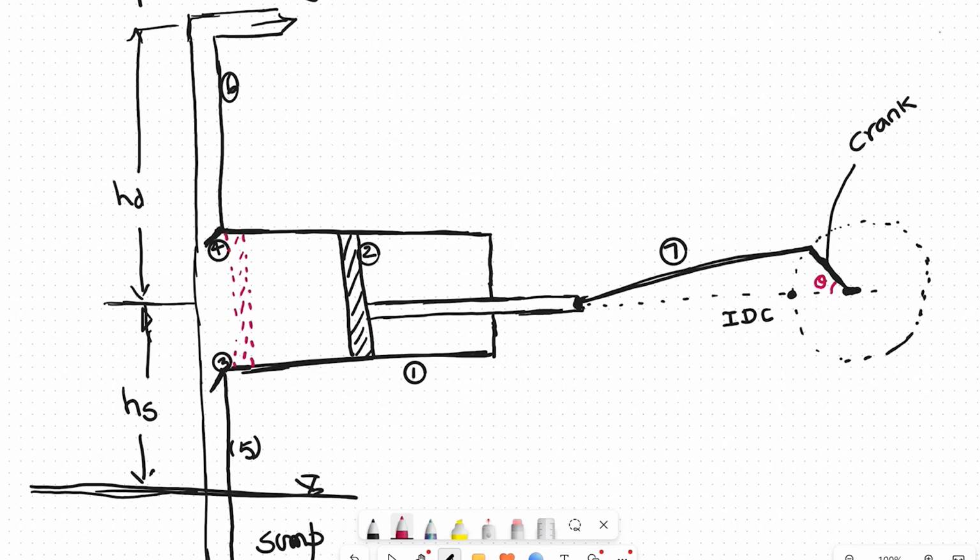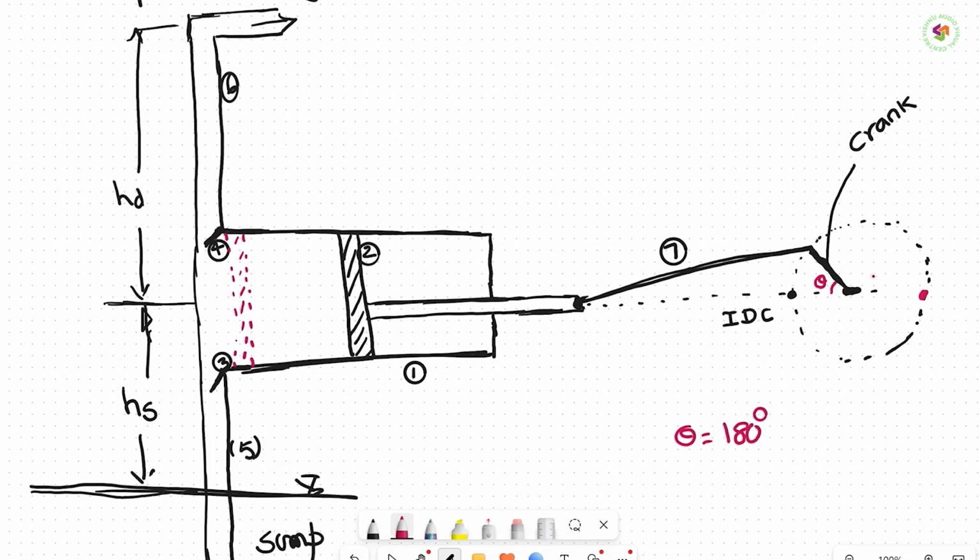At this time, when the suction valve gets opened, automatically the delivery valve is closed. Only one valve is open at a time. If the suction valve is open, the delivery valve is closed. Then water enters the cylinder. Now you see when the crank reaches this position, theta is equal to how many degrees? 180 degrees.